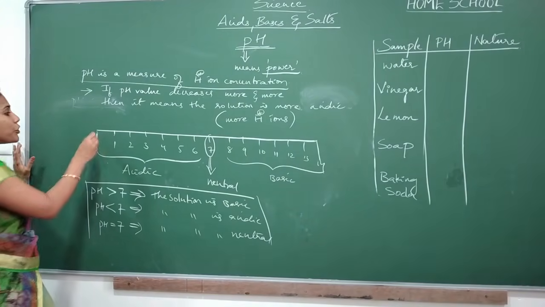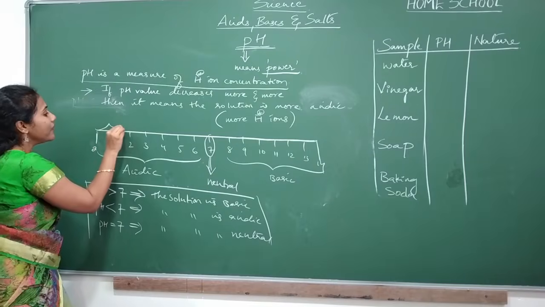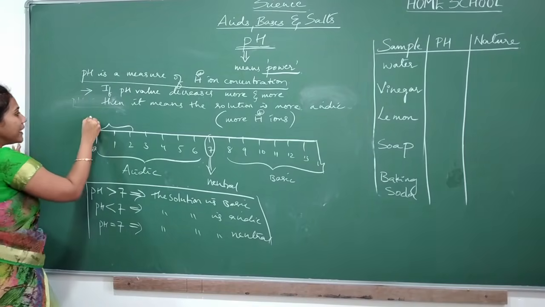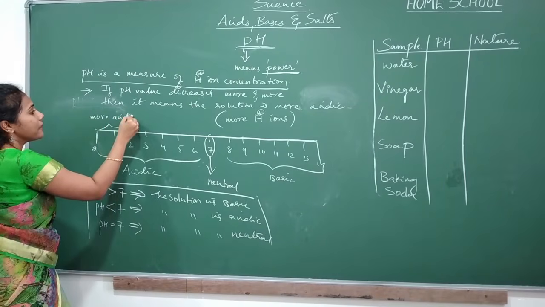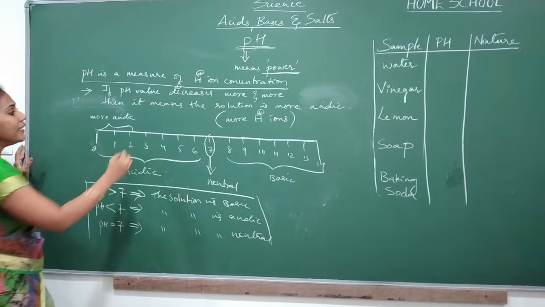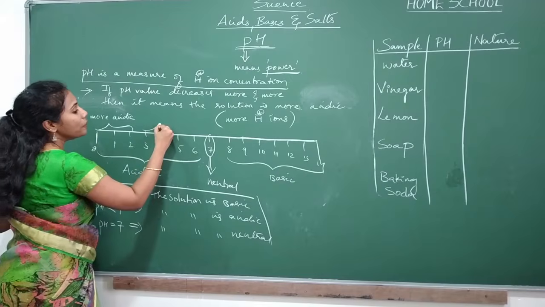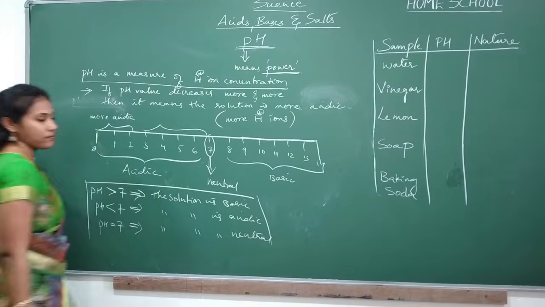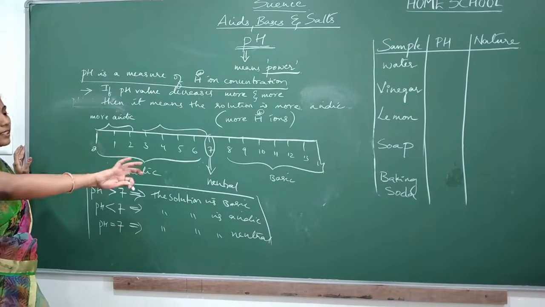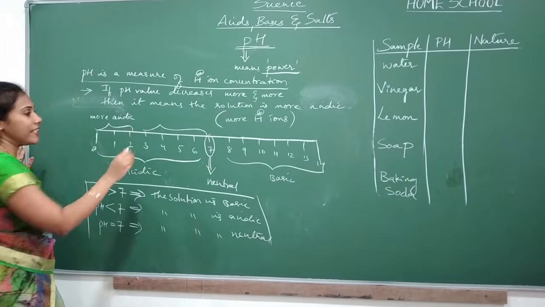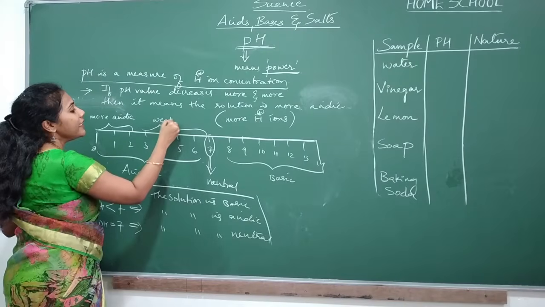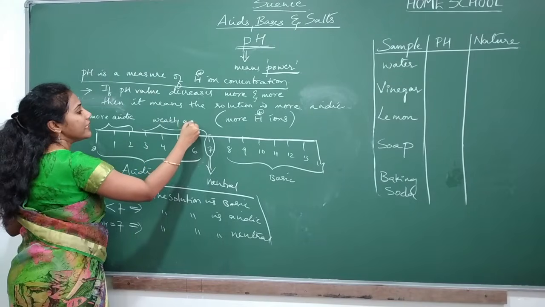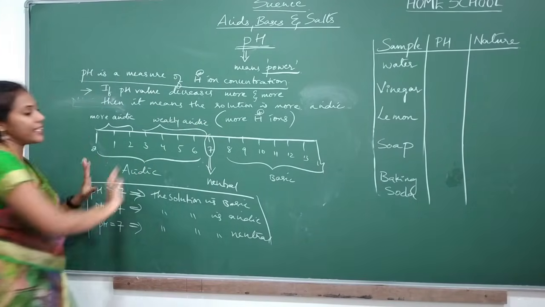Usually if you get a value between 0 to 2, then we say such a solution is more acidic. And if you get a value between 3 to 6 or 7, then the solution is weakly acidic. That means it's a weak acid.